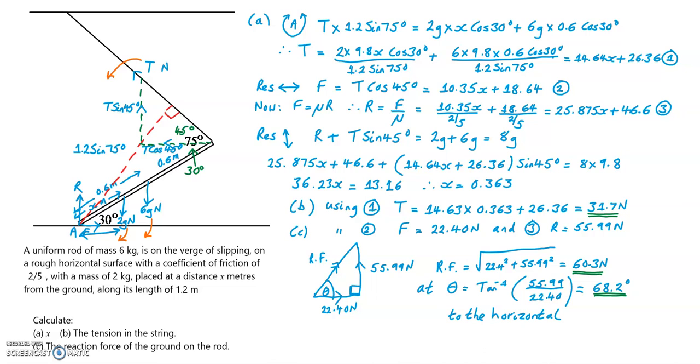So I have put in theta, which is the angle that the reaction force makes with the horizontal. So the angle theta equals inverse tan, the opposite 55.99 over the adjacent 22.40 to give an angle to the horizontal of 68.2 degrees.